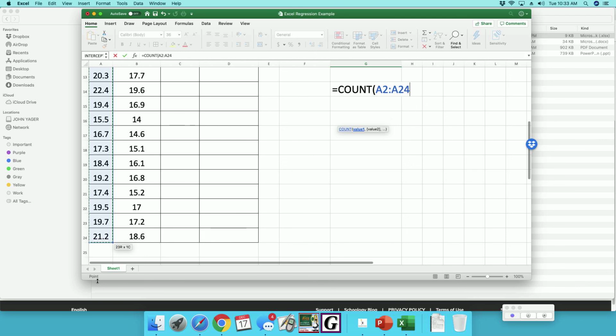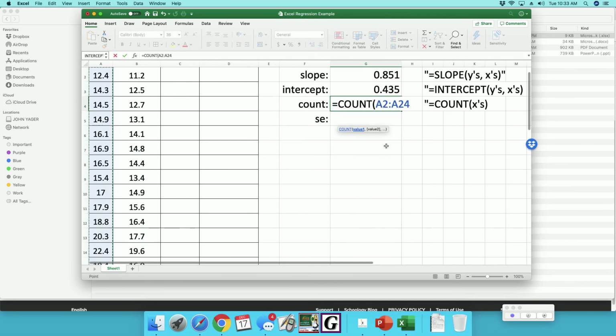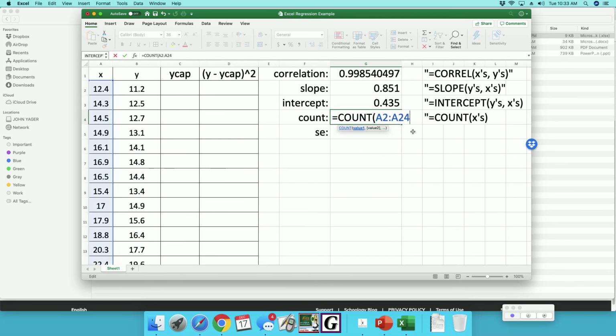How many of these do we have? We close this off. There's 23 numbers, so that means our degrees of freedom is going to be 23 minus 2. We need that for our standard error.